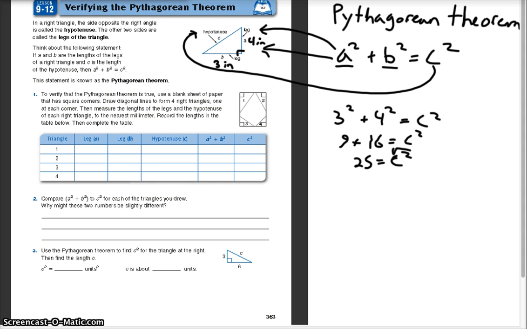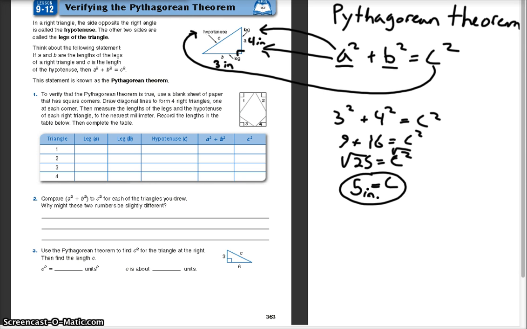So we do the square root, and whatever we do to one side, we have to do to the other. So then we have the square root of 25. The square root of 25 equals 5, and since the square root cancels out our square, c equals 5, and our answer would be 5 inches. Remember, watch out for those units. Okay, so that's what you're solving.